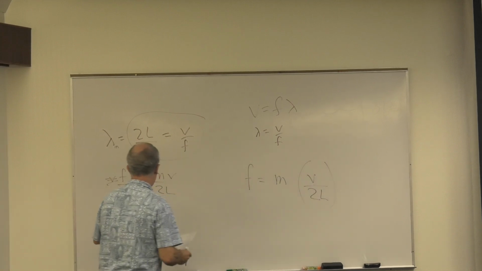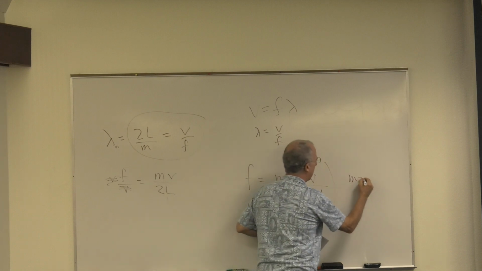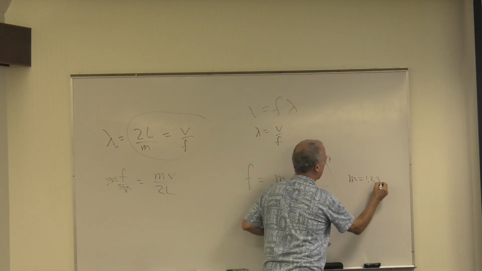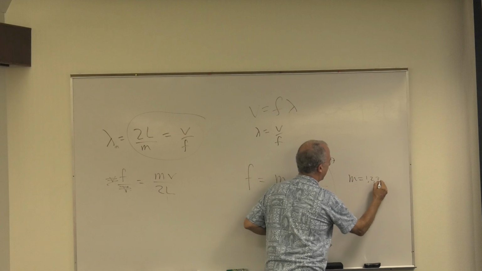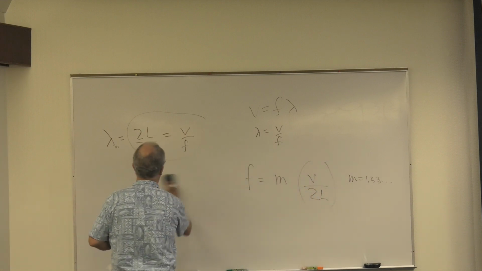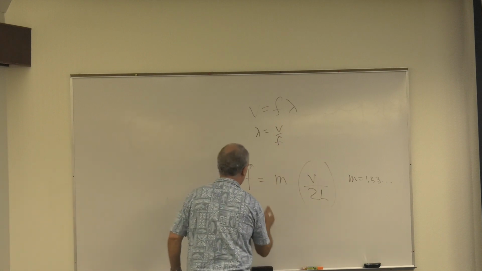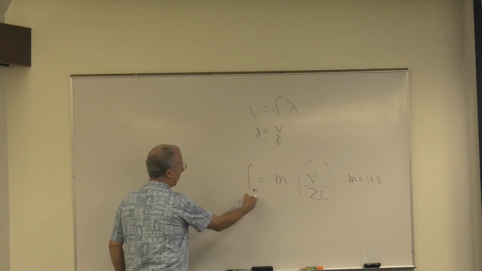Now why did I pull it out of the parentheses? Here's why. Again, m equals 1, 2, 3, on and on. In the video, the guy talked about a fundamental frequency. Again, this is f_m, put a little subscript there, it helps.